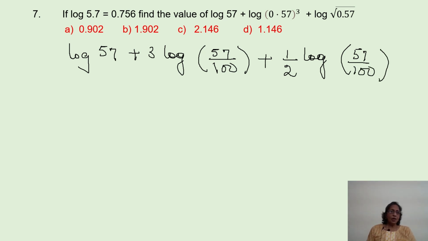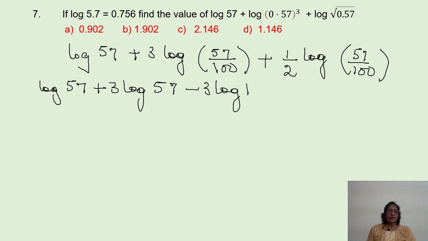Now using all our properties of logs, this will become log 57 plus 3 log 57 minus 3 log 100. Now the minus comes because there is a division over here. So we are going to use our quotient property here.